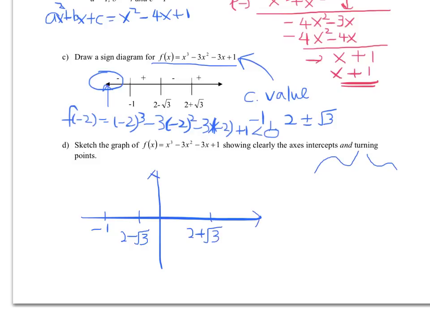And so again, to the left of negative 1 is in the negative, which means that the graph has to be below the axis. So we're talking about something like this.